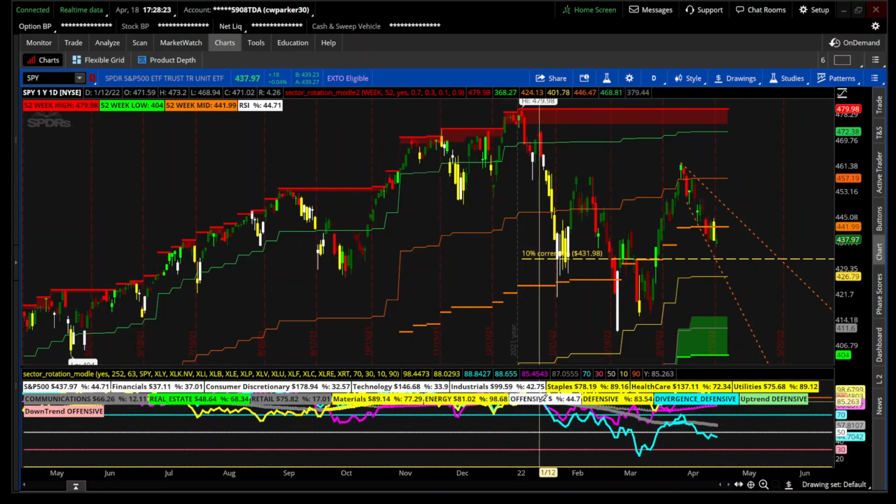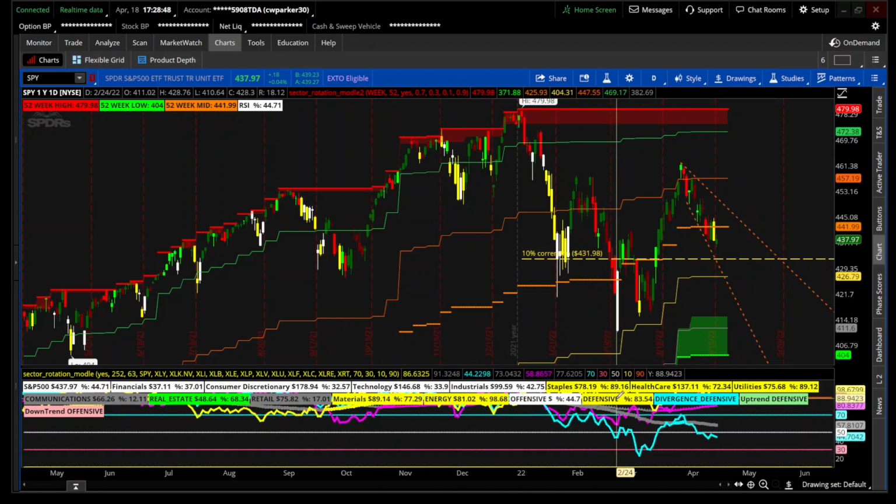You only have one sector in the offensive that's above all of these, and that's the materials. Right now the offensive sectors are all neutral. They're not a buy and they're not a sell. They're all really in a waiting period, except for the materials.